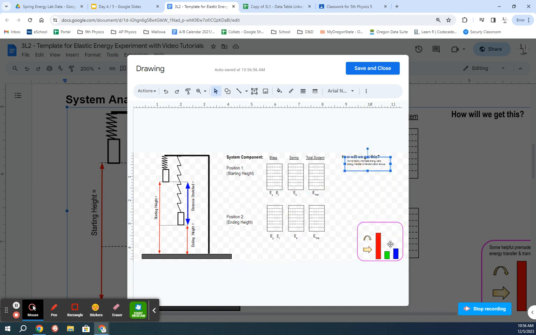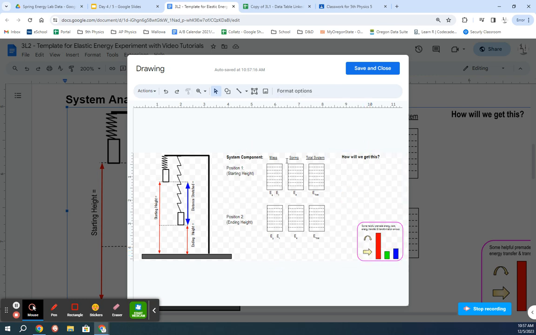We also have the arrows for transfer, right? Transferring the energy over. And we have the arrow for transform. Again, you can make your own, or you can use these, copy and paste, and put them wherever you need them.